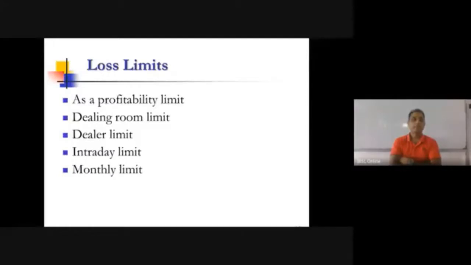So the bank is not going to just allow somebody to trade with assets and liabilities of the bank without controls. And the bank understands that, yes, while you are going to trade, you're going to make money sometimes, you're going to lose money sometimes. So they will put a cap on how much you can lose. So this is the maximum amount on a day you can lose, on a month you can lose, on an intraday you can lose, all that.